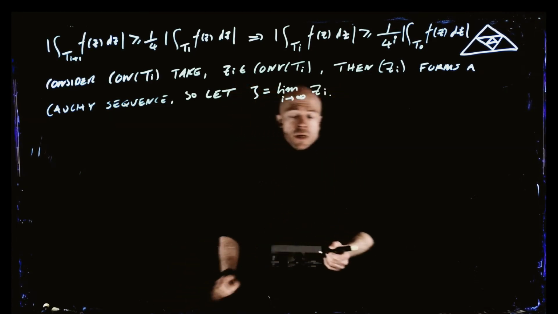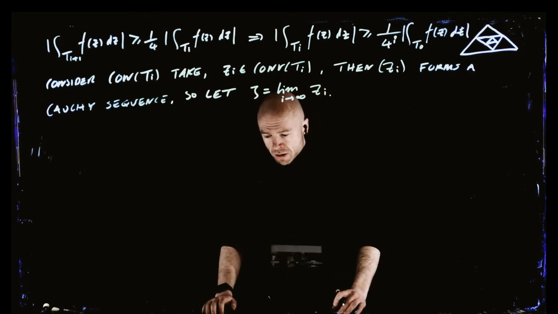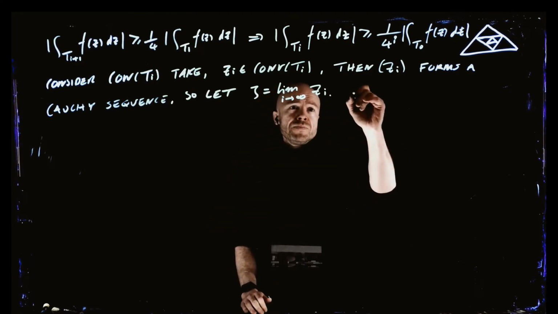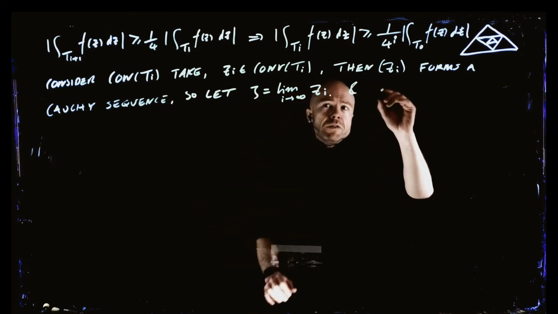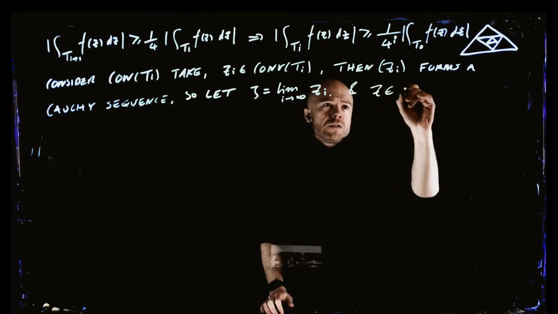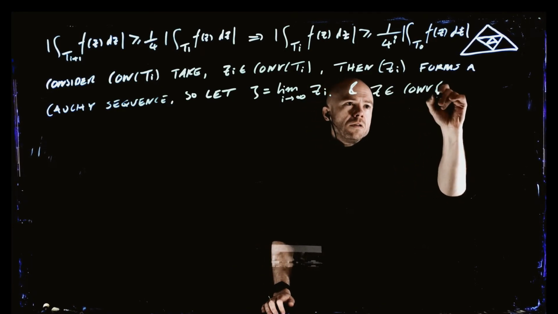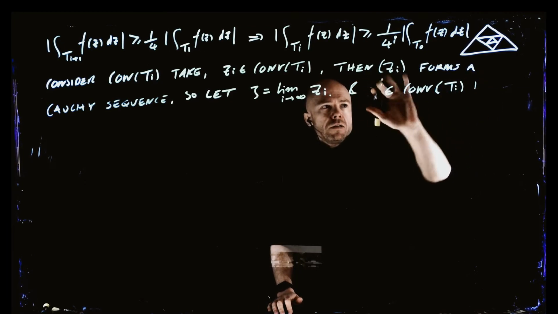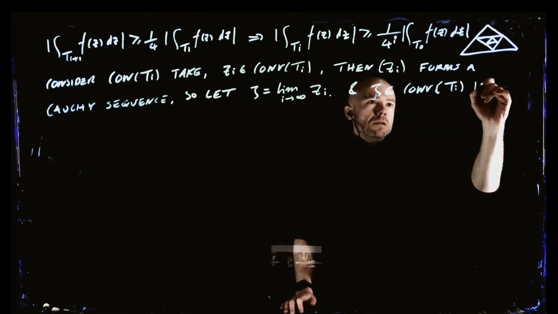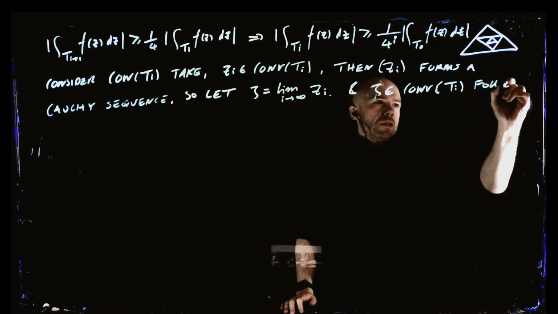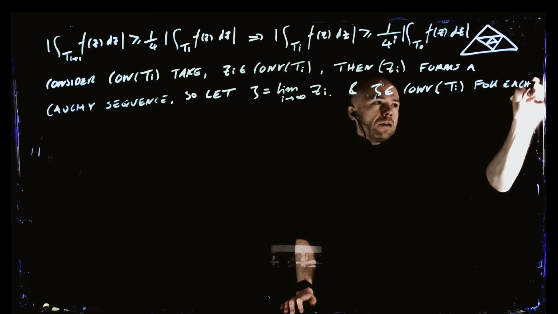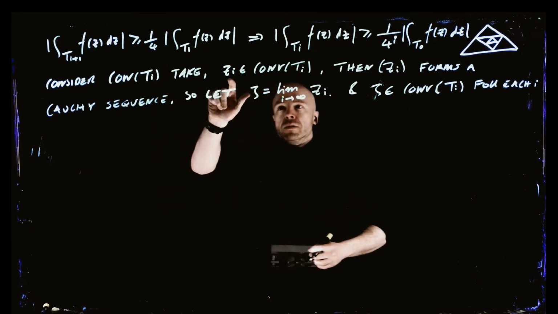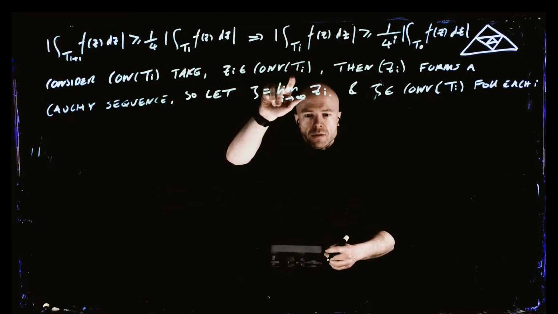And what do we know about zeta? So zeta belongs to every single triangle, or at least the convex hull of every single triangle. Zeta belongs to the convex hull of Ti. Oops, I said zeta and I wrote Z. For each i, because they're all nested inside each other. We've taken Zi inside the convex hull of Ti.